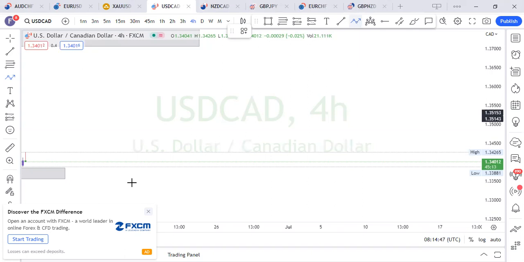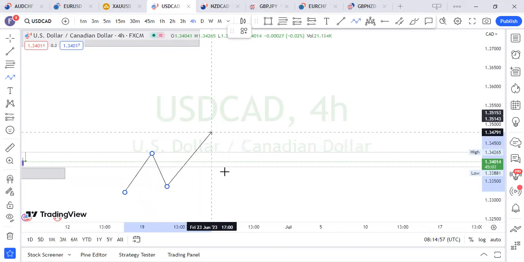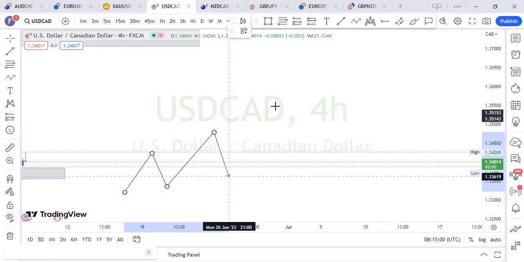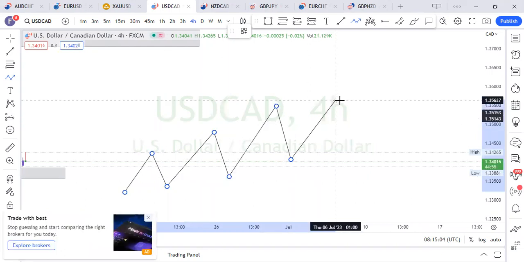What we mean by that is, look at this. This is our impulse, retracement, another impulse again, another retracement, another impulse again, another retracement, another impulse, another retracement.